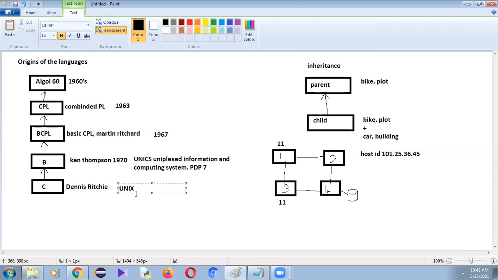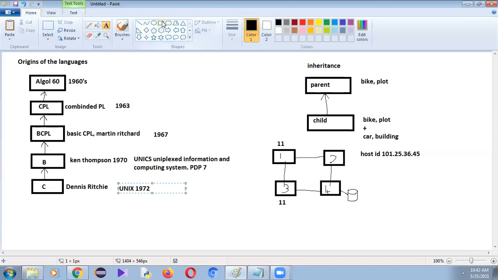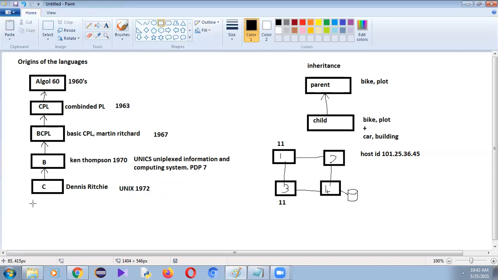This UNIX operating system can be installed on any kind of computers such as mainframe computers, supercomputers, mini computers, and PDP-7 kind of computers. C was invented in the year 1972. The next programming language is, can you guess? That is C++.